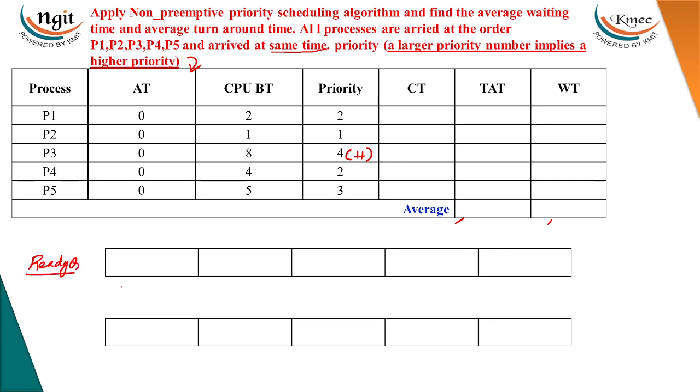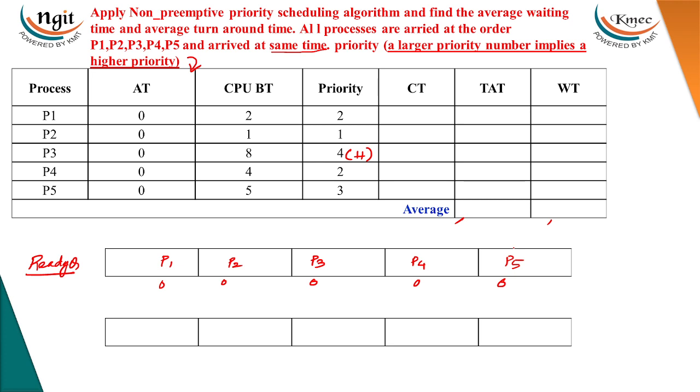In the ready queue, all processes arrived at the same time, that is 0, so we write them in the order P1, P2, P3, P4, P5.